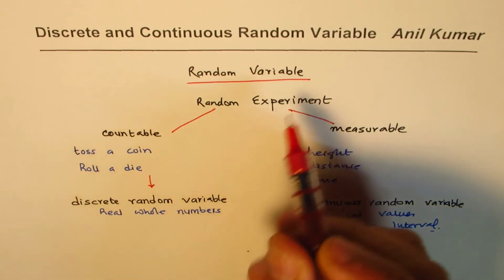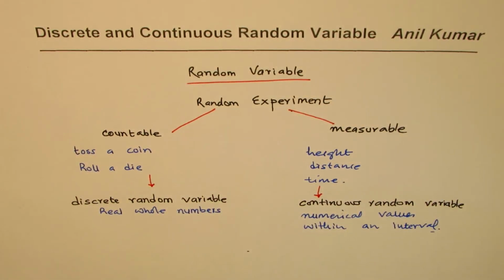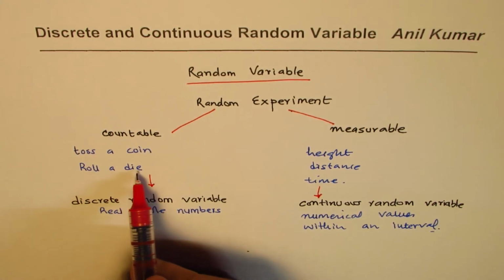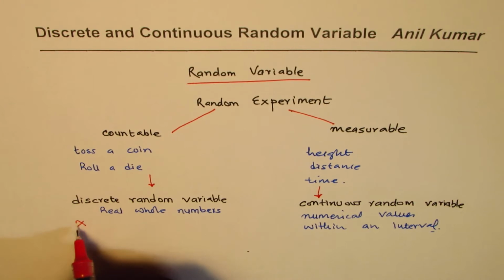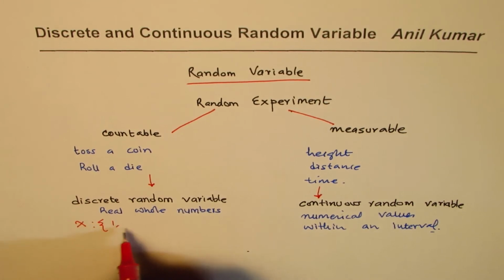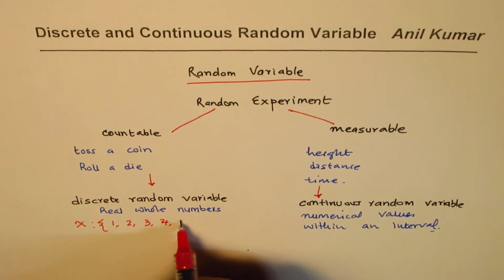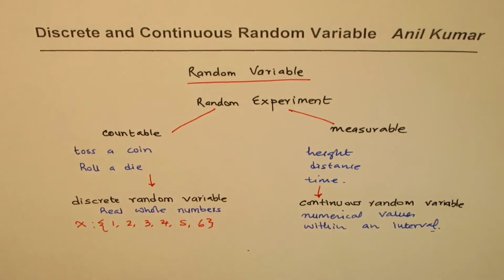For example, if I roll a die, then I could get a number between 1 to 6, and that could be the variable we are interested in.